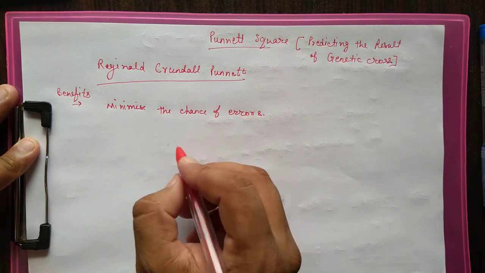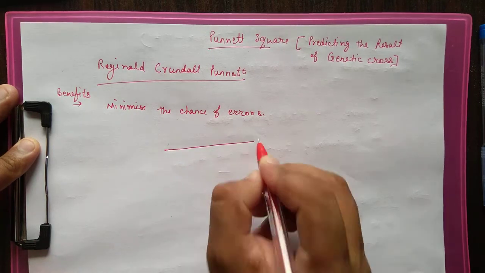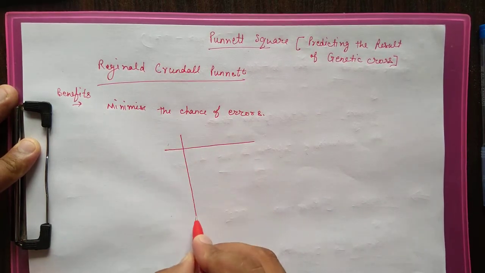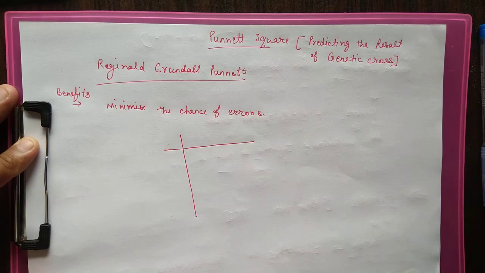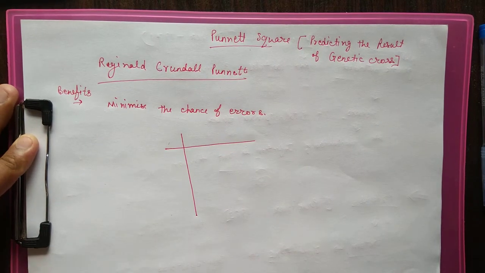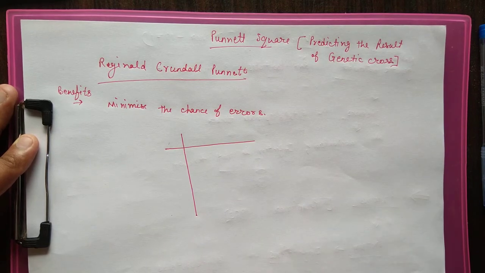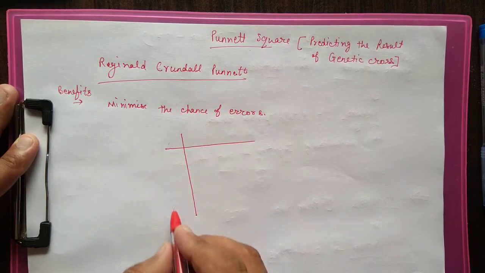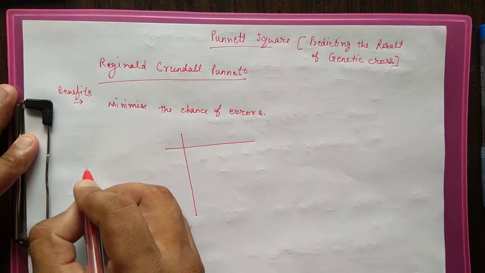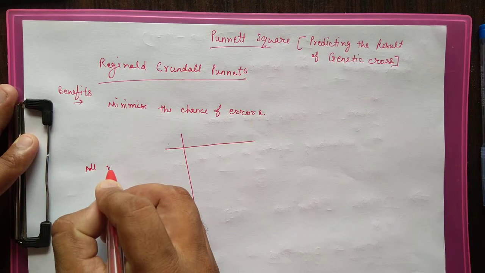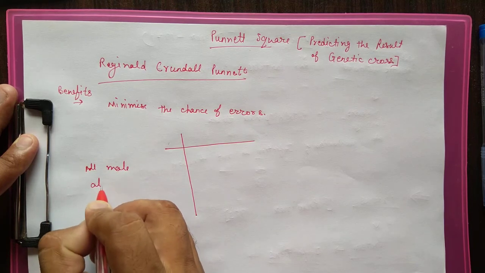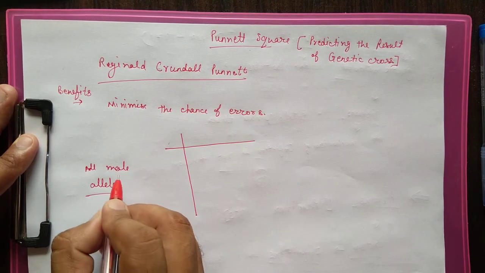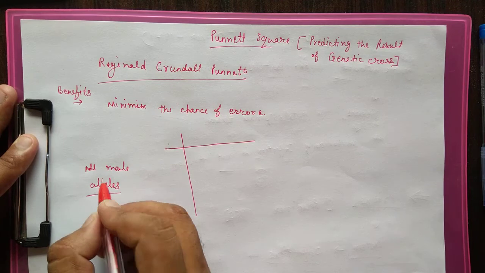The Punnett square has one horizontal and one vertical line. These form square boxes according to the presence of the alleles. We know a gene has two alleles. So the vertical side has the male alleles, meaning the alleles which come from the male character.